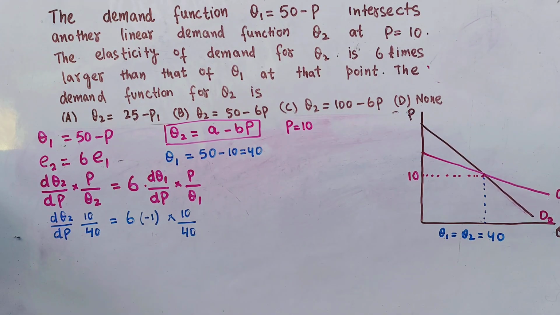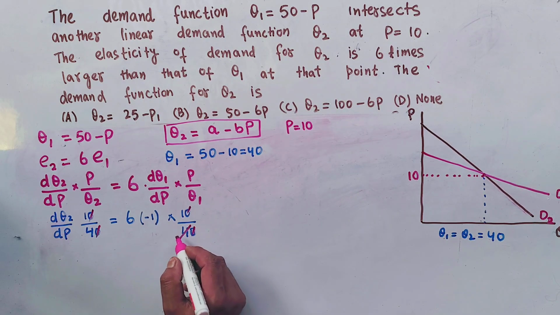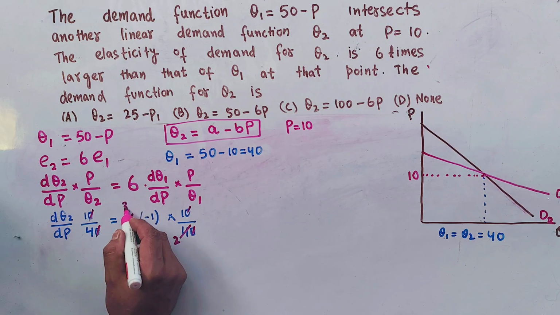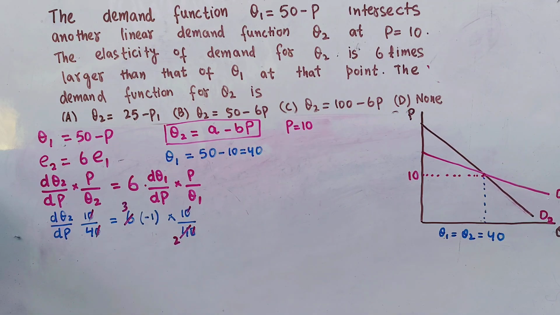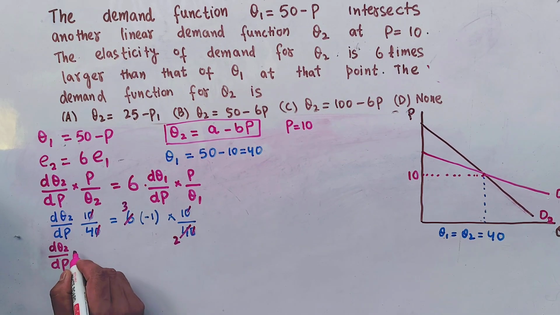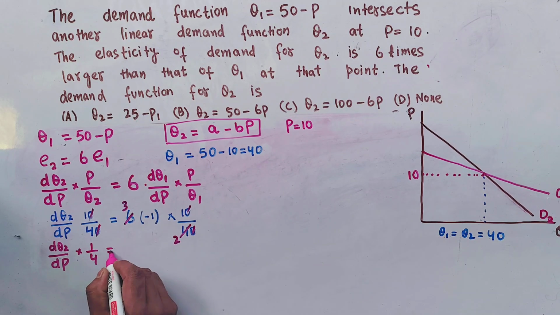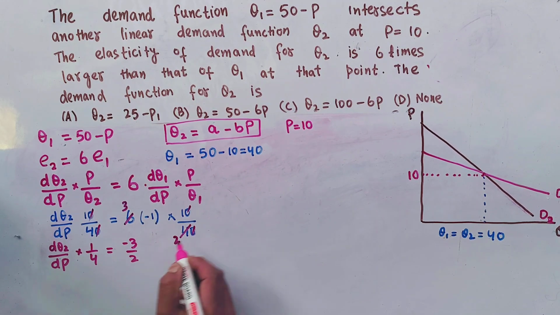So we have this relationship here. The zeros get cancelled. 2 fours are... 2 times 3 is 6. So we have dQ2/dP times 1/4 equal to minus 3/2.